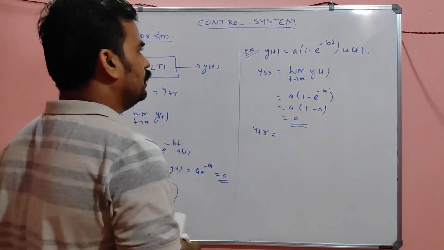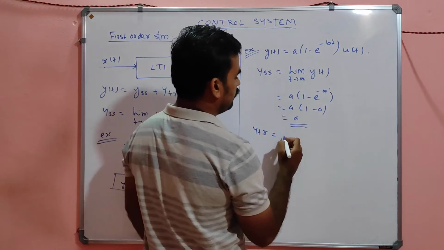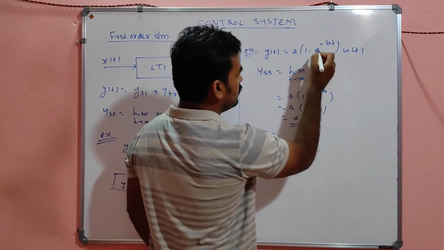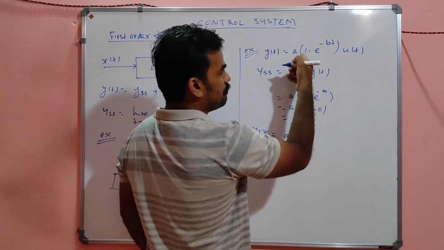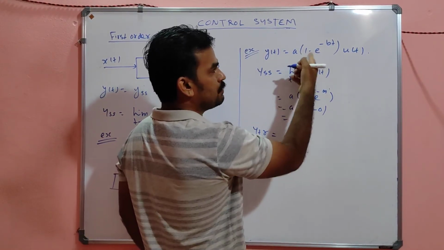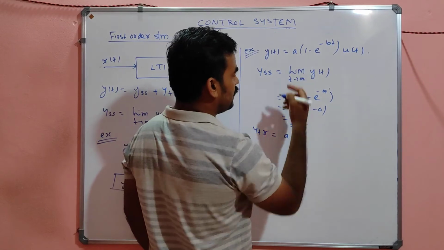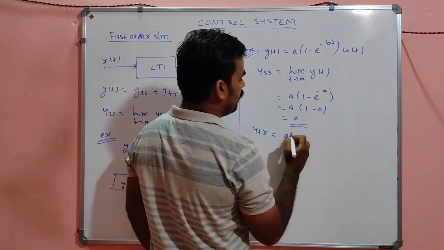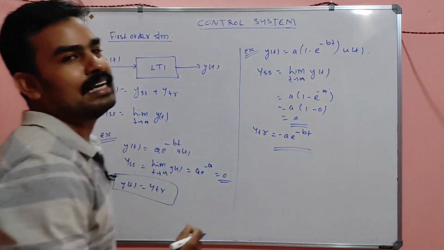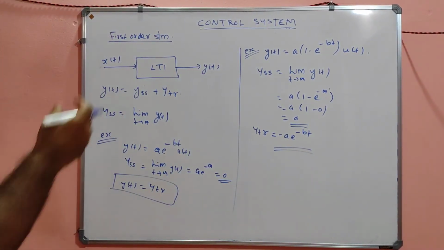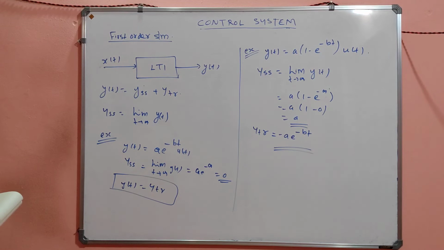From this, the remaining term is the transient value: subtract A from here, because A corresponds to the steady state value. So minus A into e raised to minus bt will be the transient response. You just subtract A from y of t, that's all.